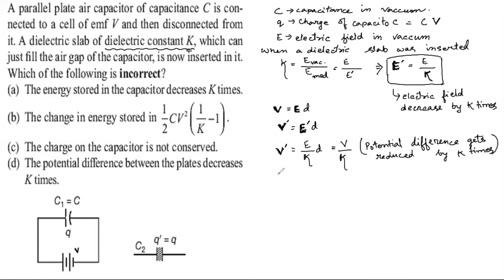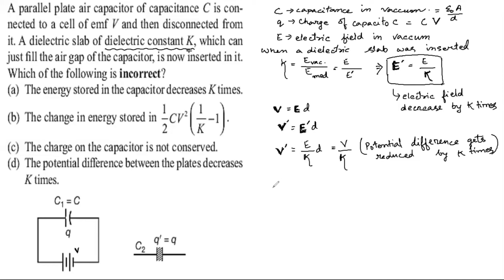Now we are going to find the capacitance value. We all know that when a dielectric slab is inserted in any capacitor, the capacitance value increases. Initially the capacitance C was epsilon naught A by d, since it is a parallel plate capacitor.